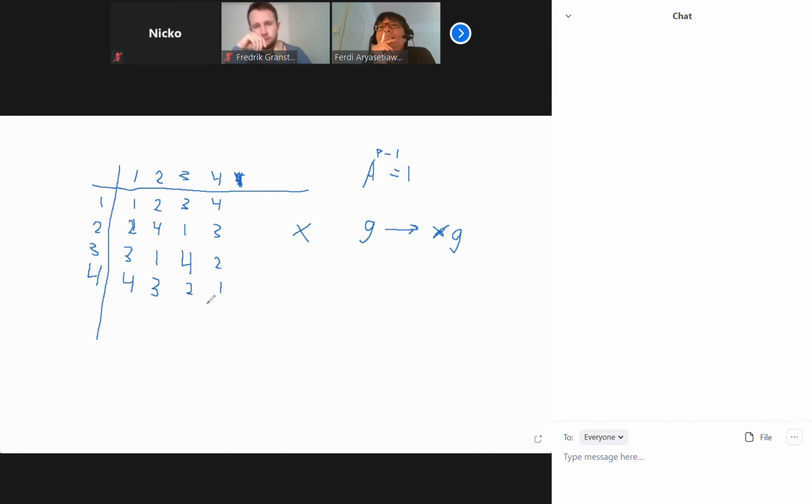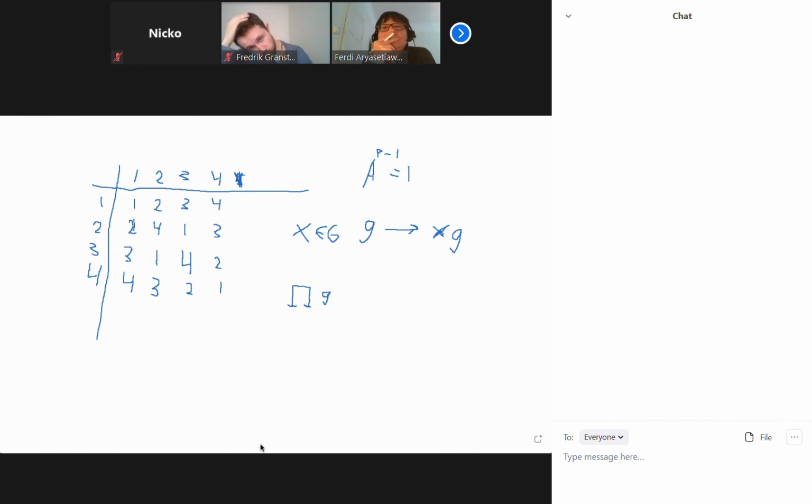So for example, because we just rearrange our multiplication table, where x is in G, we have this map, and then we can take the multiplication over all elements in group G.